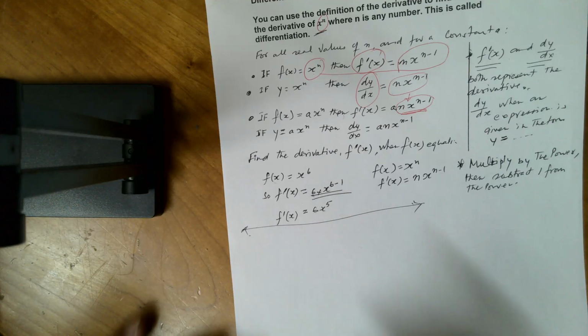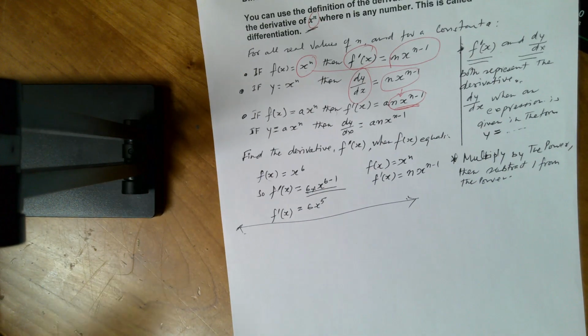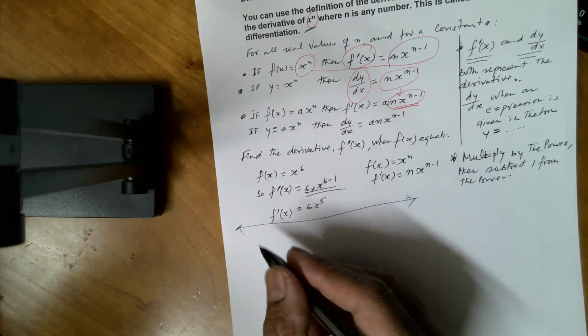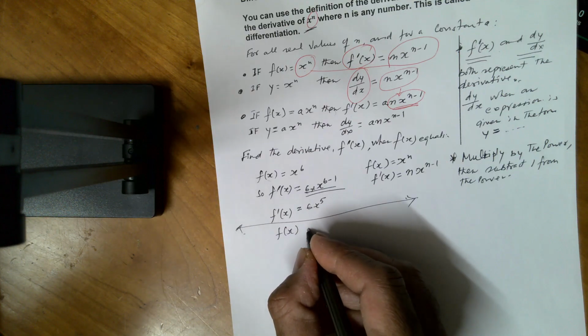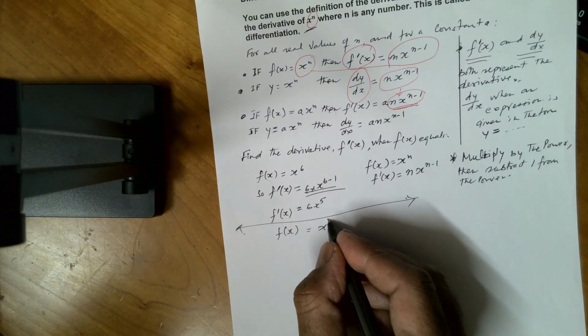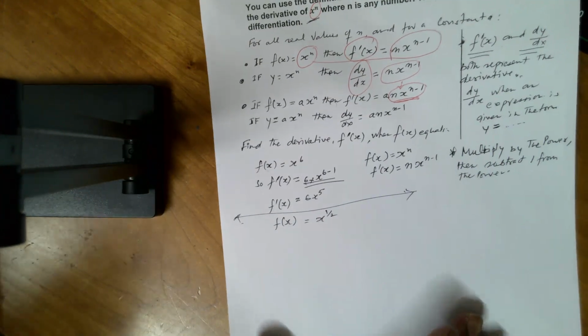So let's get an example as well. This is where you have f(x) equal to x, and this time your power is half.